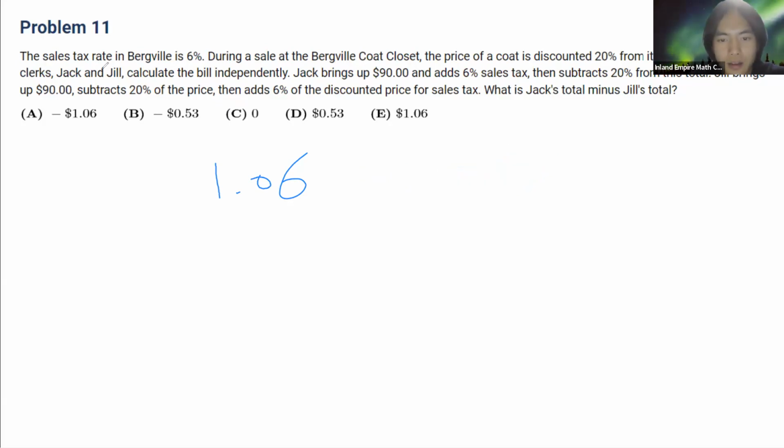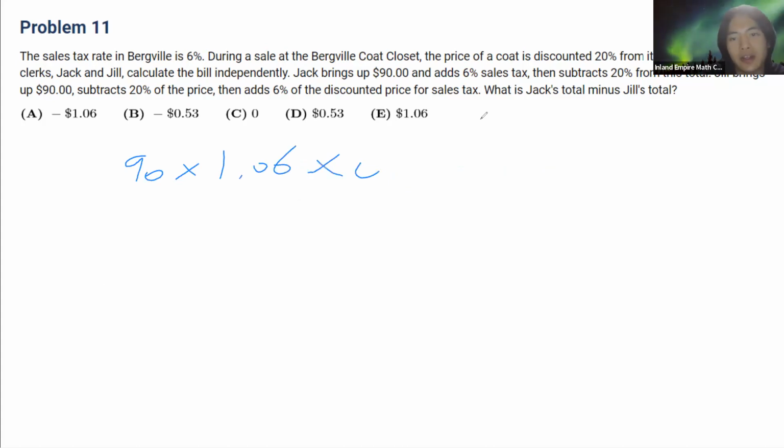So with that in mind, if you calculate Jack's, you would have 90 times 1.06 times 0.8, right? 0.8 because you're paying 20% less. So you're subtracting 20% from the total, so you're actually paying 80% of the total, which is 0.8.